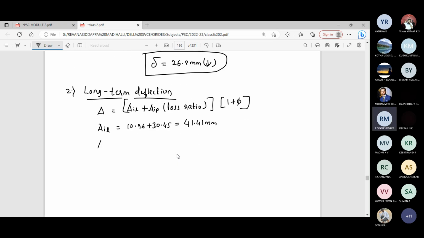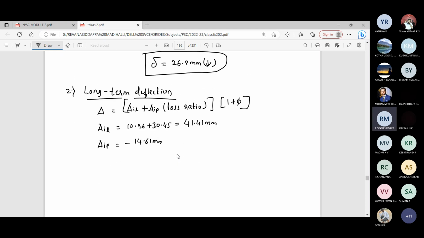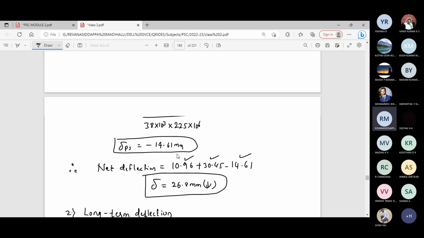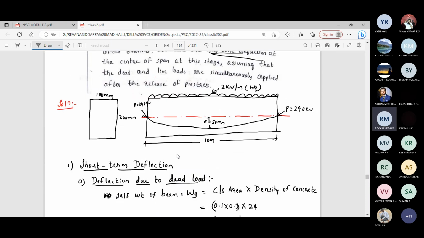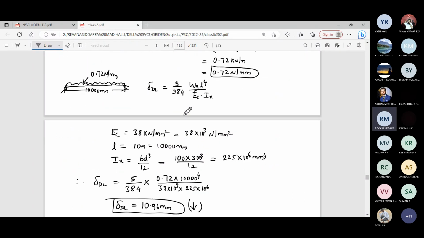Then delta IP is deflection due to pre-stressing force, that is minus 14.61 millimeter. Then we need the loss ratio, correct? Loss of pre-stress is given as 20%.